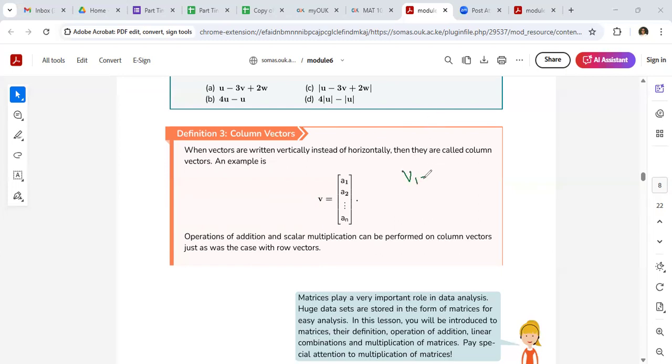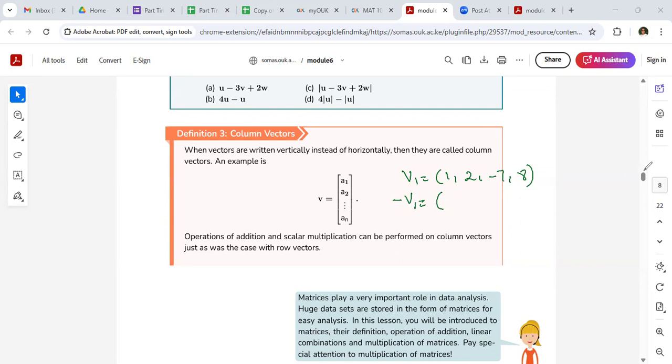If you have a vector v1 equal to 1, 2, -7, 8, and find the vector negative v1. So can we find the vector negative v1? You can type the answer in the chat, please. All of us can type the answer in the chat.